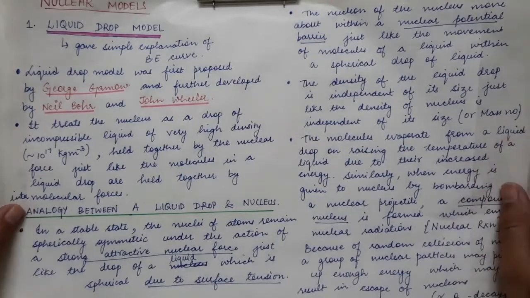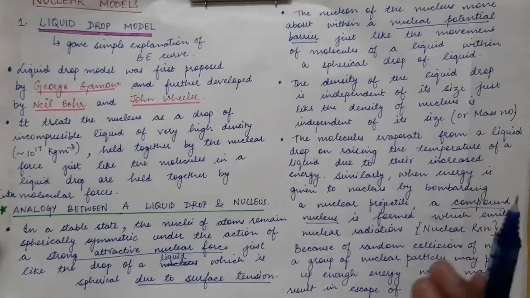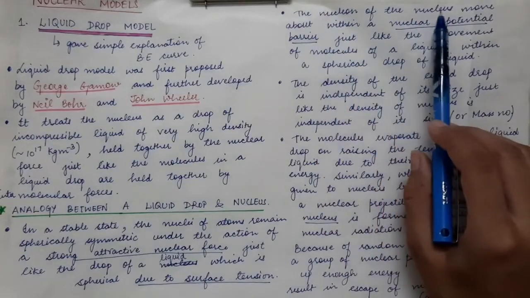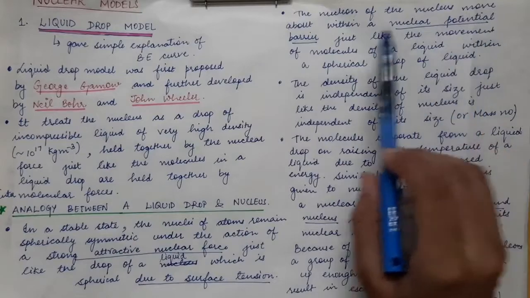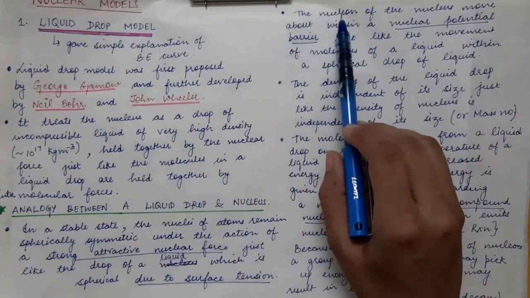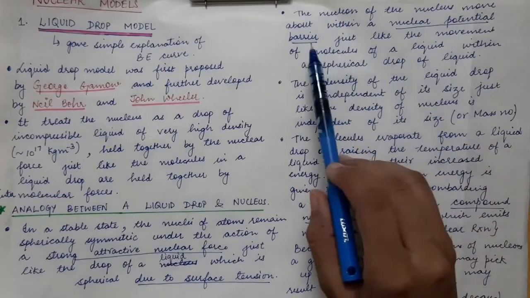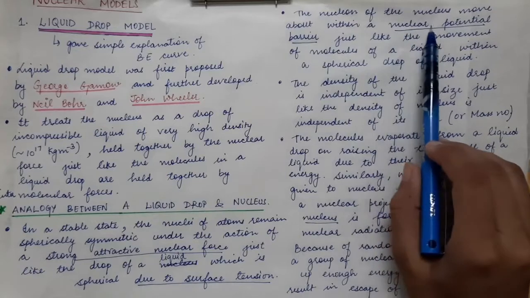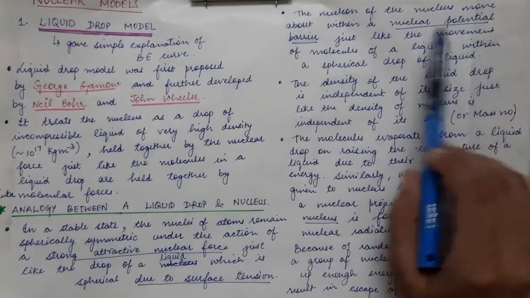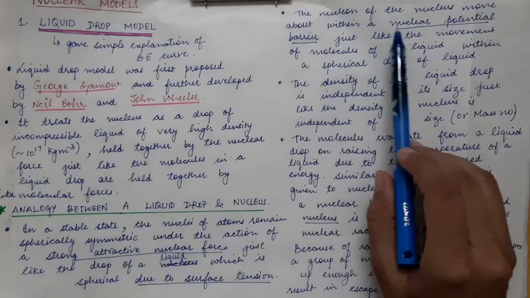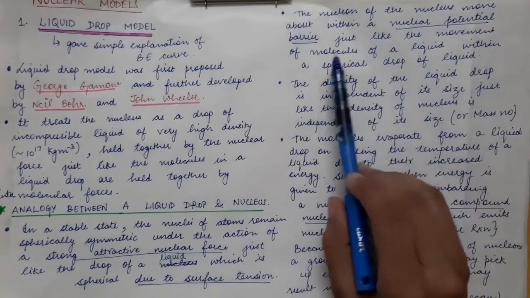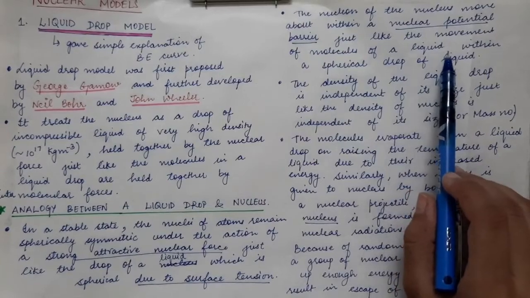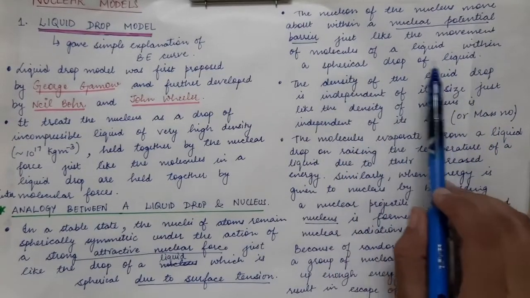The second point is that the nucleon of the nucleus moves about within a nuclear potential barrier. This nucleon moves inside the nucleus under the effect of a nuclear potential, just like the molecules of a liquid move in the drop.